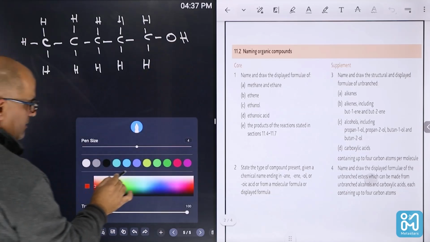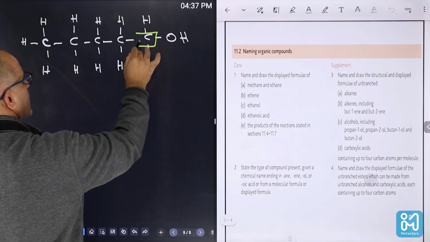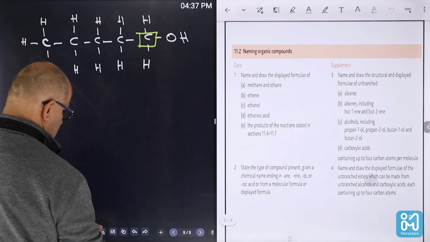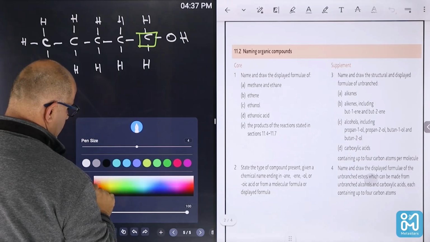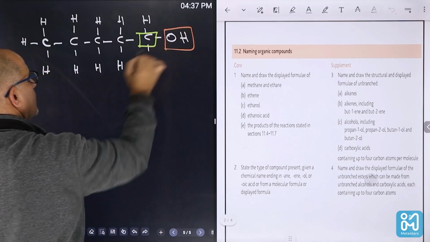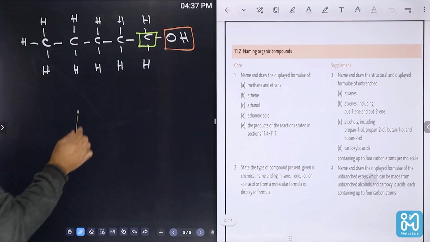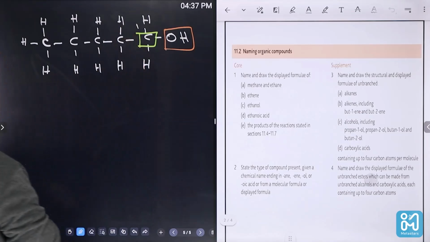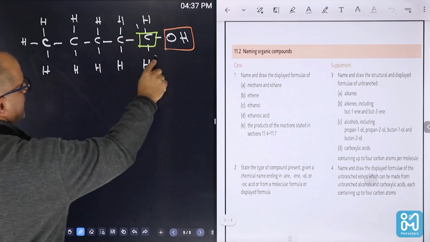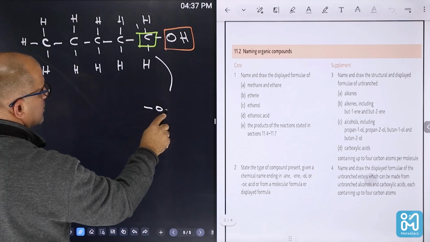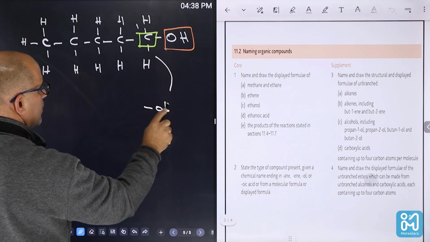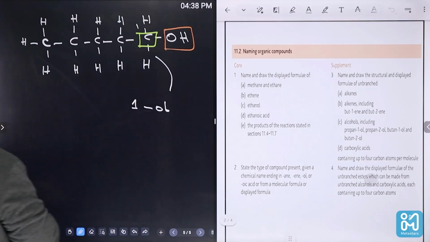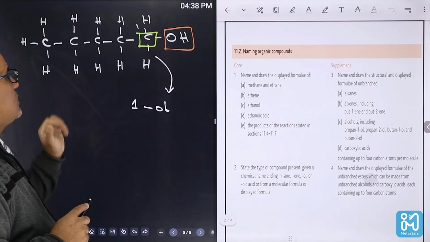So you will see that this is the first carbon in the structure, and this is the functional group. Now you can see that the position of the functional group is on the first carbon. So this means that it is 1-ol, because the position of the functional group comes on the first carbon atom.